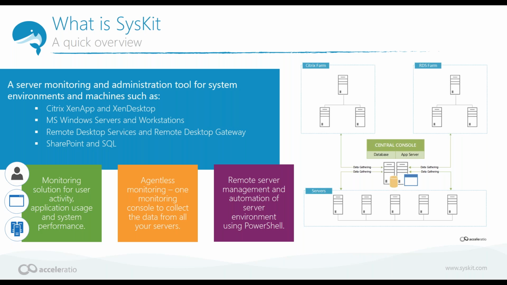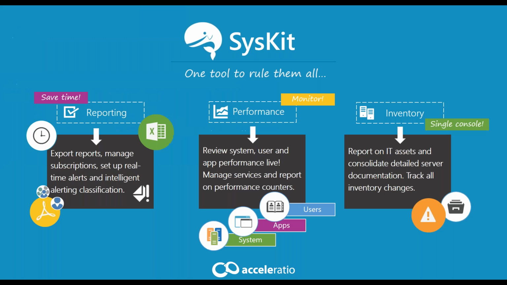We also have a SysKit web application available, and it enables you to reach your monitoring data from absolutely anywhere. All you need is a browser and an internet connection. On this slide, we have some more details about SysKit. All reports can be exported to PDF or Excel. You can easily set up intelligent alerts, and they will notify you whenever something unusual happens on your server.